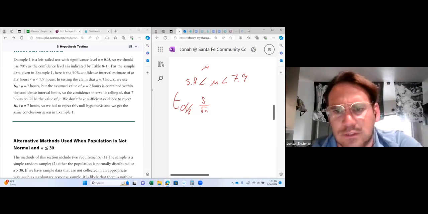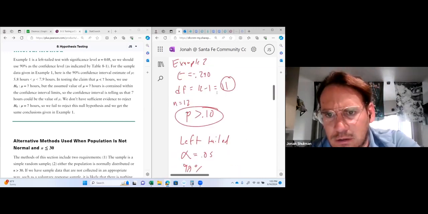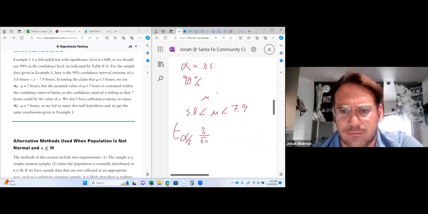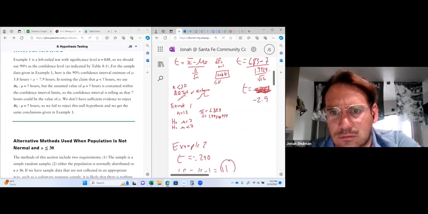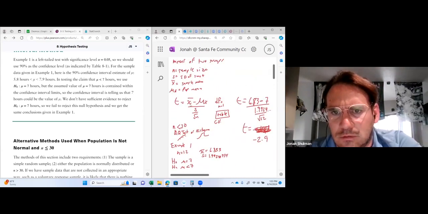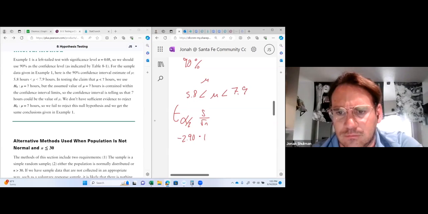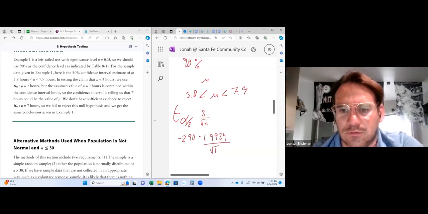We already have our t statistic, which is negative 2.90. Our s is the standard deviation, which is 1.9924. Our n is 12, so the square root of 12.